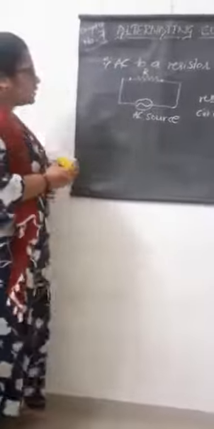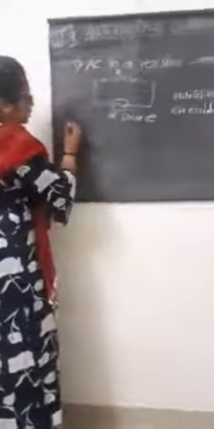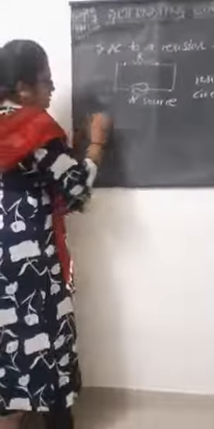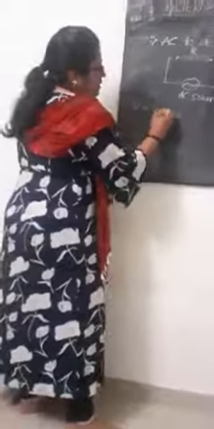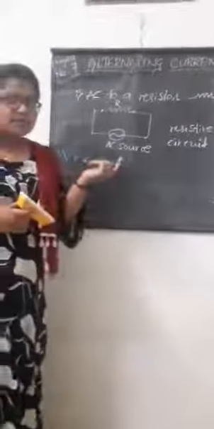In this resistive circuit you have one AC source. Let the voltage of that AC source be V equals V0 sin omega t. You know this already. In the first class I told you that alternating voltage and alternating current are represented by these equations: V equals V0 sin omega t, I equals I0 sin omega t.